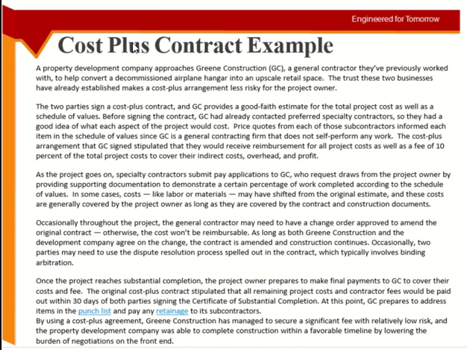When the project reaches near the end, the owner will start to prepare for the final payments for the cost as well as for the fee. The fee would be paid within 30 days of the final handover of the project.